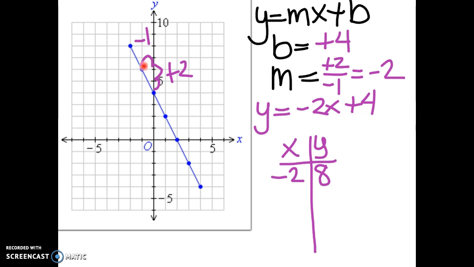Now let's find the coordinates for this point here. At first I didn't care, and now I do. This is a -1. And this is a +6.